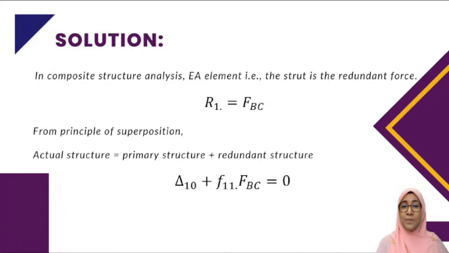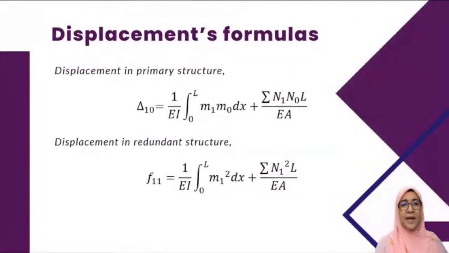So we will have displacement in primary structure and displacement in redundant structure. Okay, delta 1 naught is displacement in primary structure, and f11 is displacement in redundant structure. And since in composite structure we have to combine EI and EA, means we have to combine the formula as well.